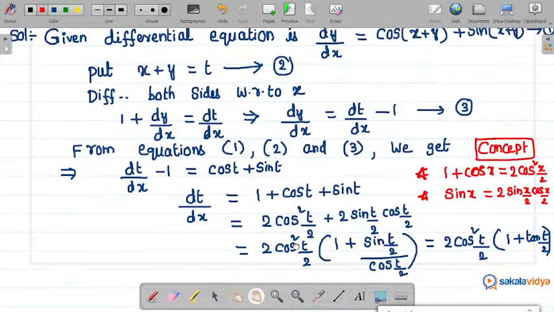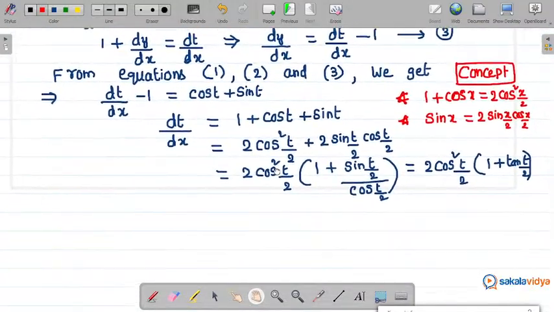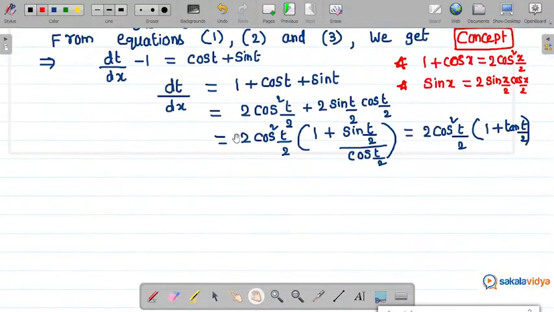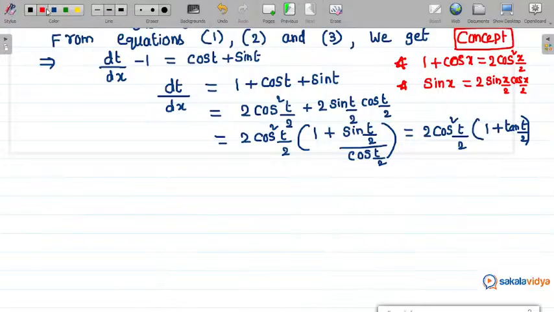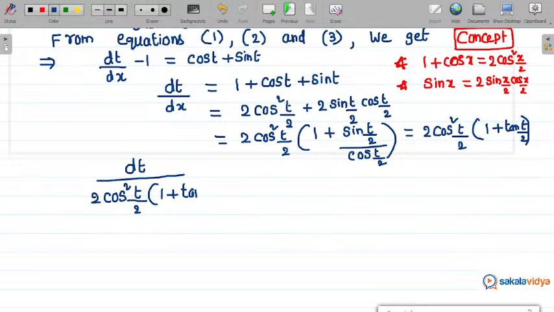Now we are going to separate the variables. Then what do we get here? dt divided by 2 cos square t by 2 times 1 plus tan t by 2 equals dx.